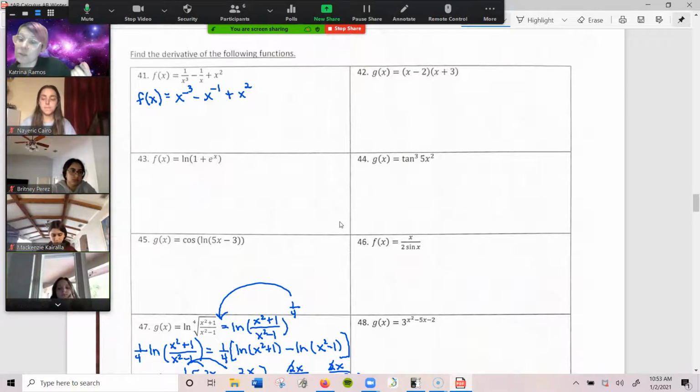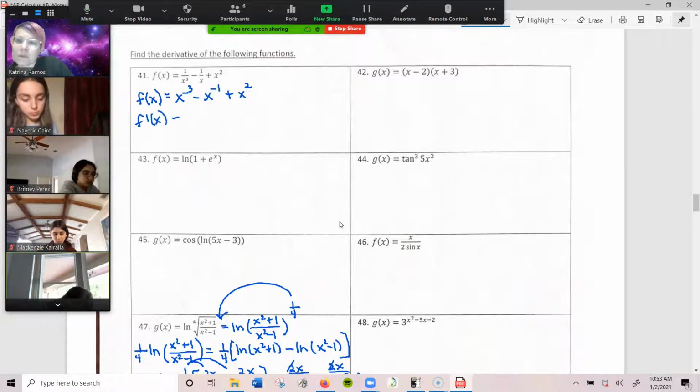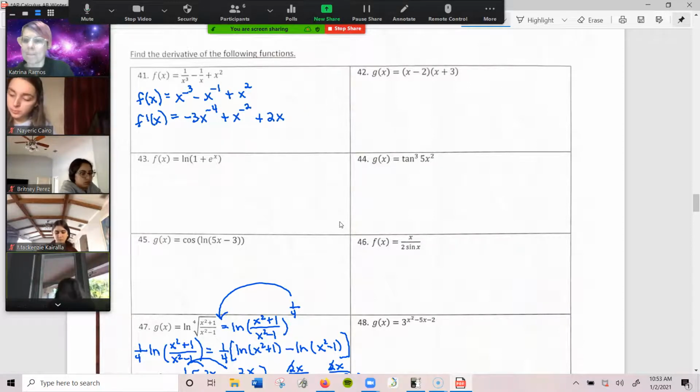Okay, and now we can use the power rule. So f prime of x would be negative 3x to the negative 4 plus x to the negative 2 plus 2x. Is this okay? And then we can rewrite this using positive exponents.